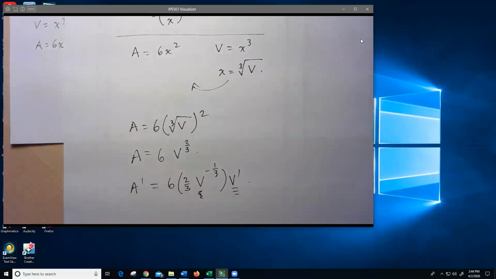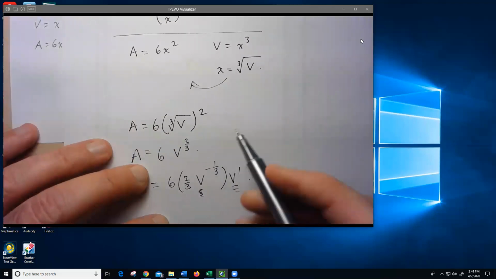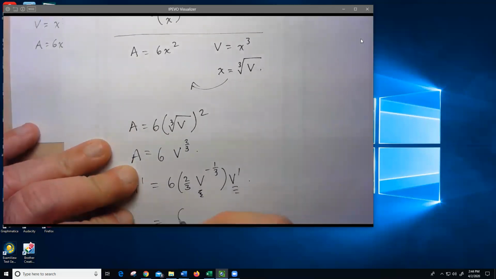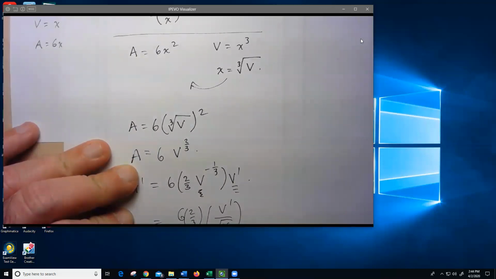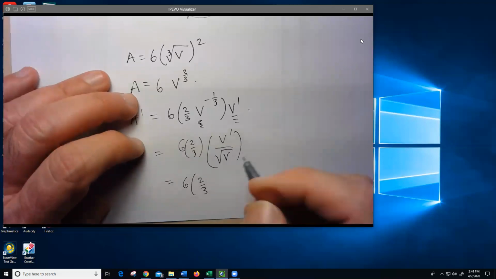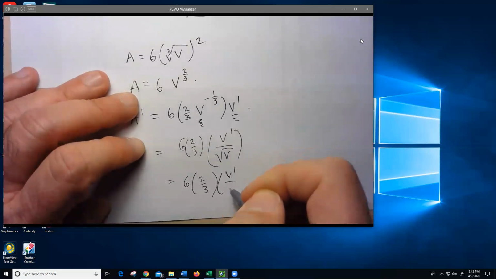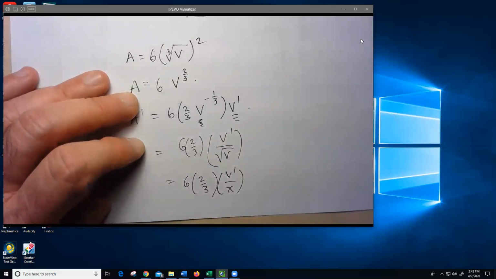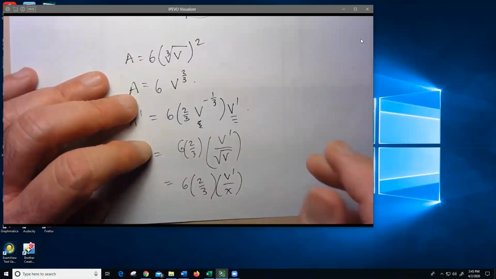Because it's the cube root of V. There you go. Yeah, that makes sense. Here, 6 times, I'll just keep this all together, this is going to be V prime over the cube root of V, and the cube root of V is just equal to x. Okay, and then you have that information.